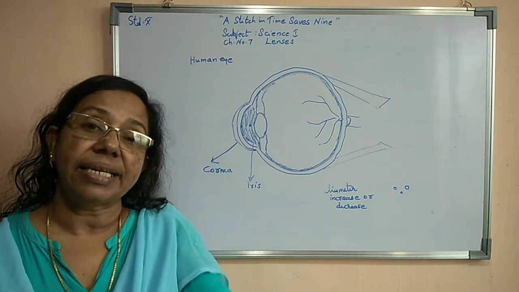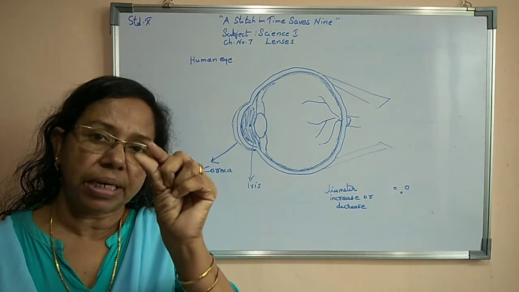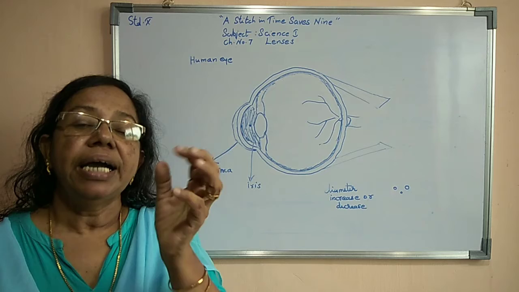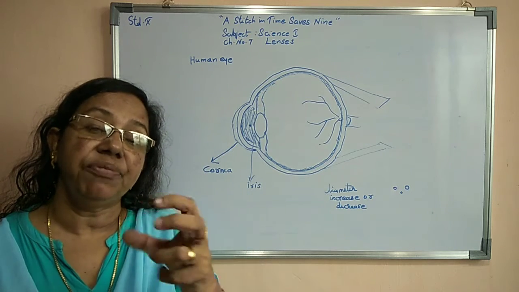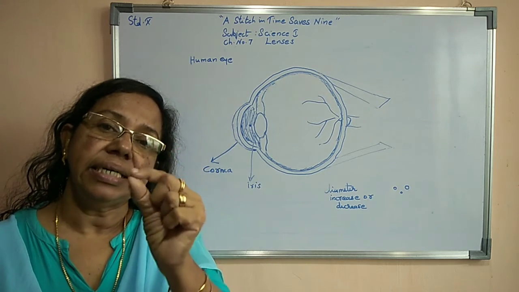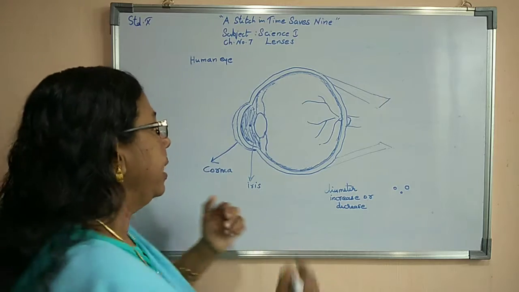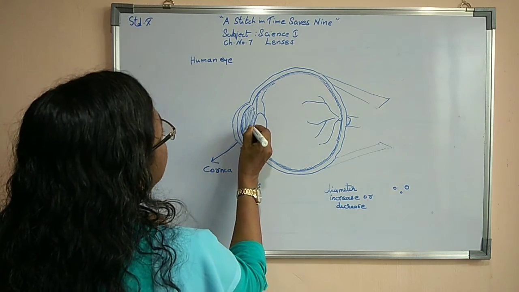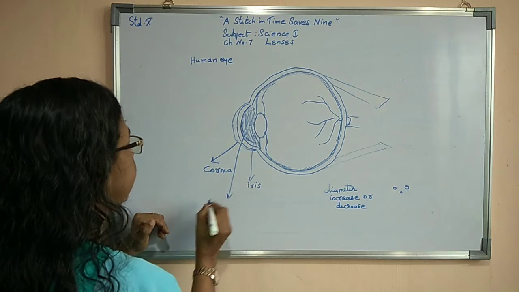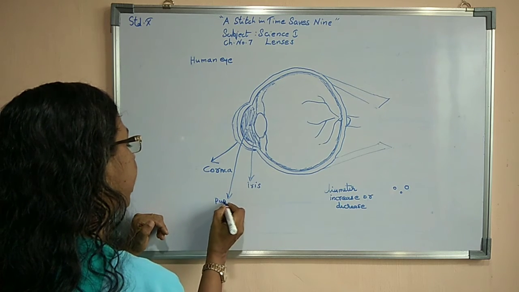If it is bright light, its size becomes small, it contracts. If it is dim light, then its size expands and increases. Such a hole, we call the pupil, P-U-P-I-L.